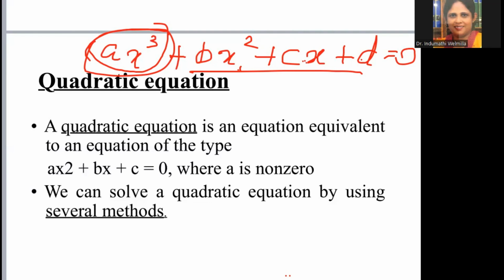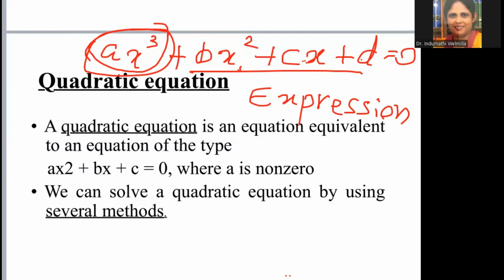Equation versus expression. Today we are learning about the equation, but expression is another mathematical technical term. Expression and equation are used together in algebra, but there is a major difference between the two terms.